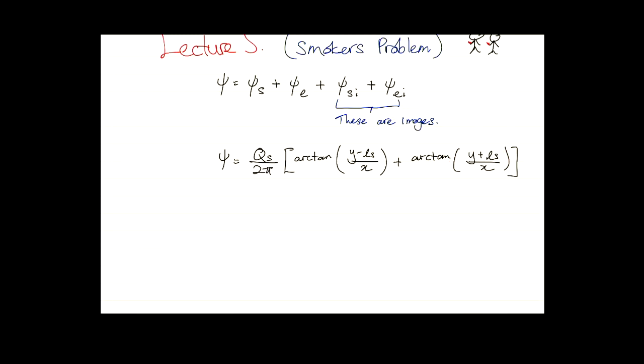Then minus QE over 2 pi, these are my exhausts, arctan of y minus LE over x plus arctan of y plus LE over x.